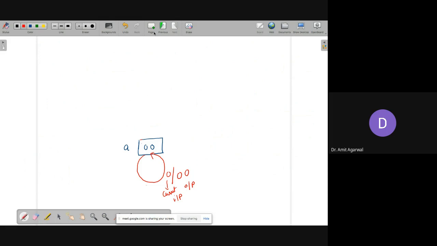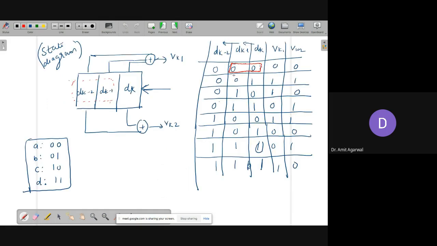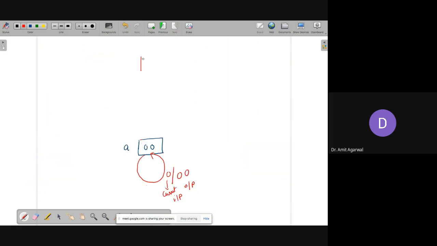Next, suppose we are in 00 and the input is 1. So what is the next state? The next state becomes 01, and the output will be 11.